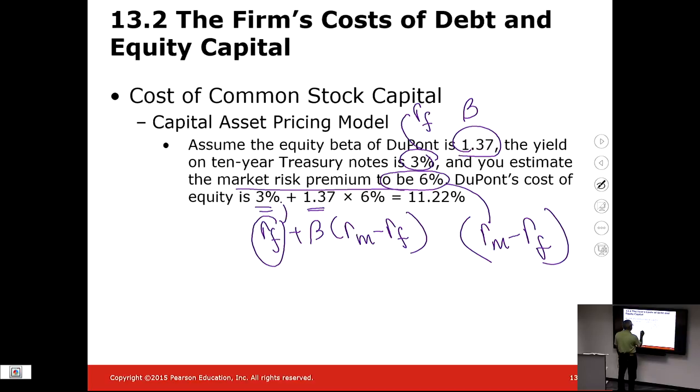So RF is 3%, beta is 1.37, and this whole thing is 6%. So that gives us 11.22%. So that's the rate of return that stockholders are expecting from this company, and that 11.22% is the cost of capital to the firm.